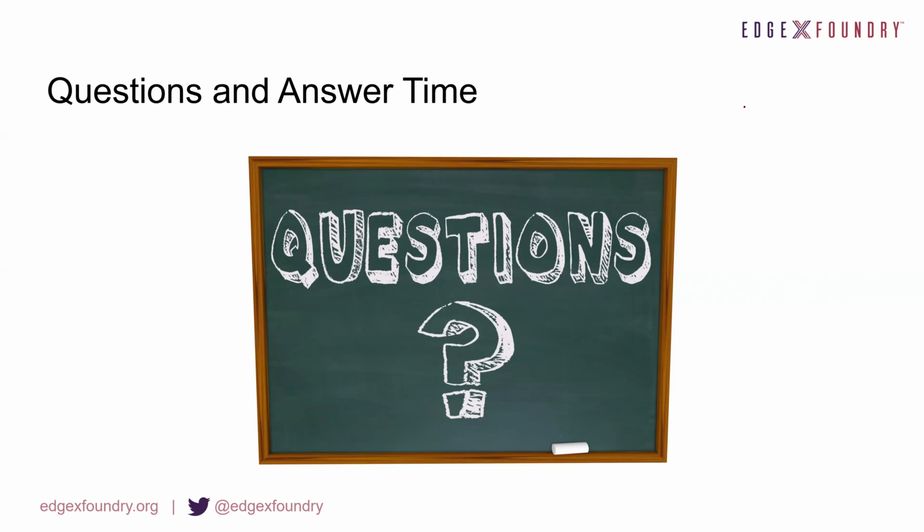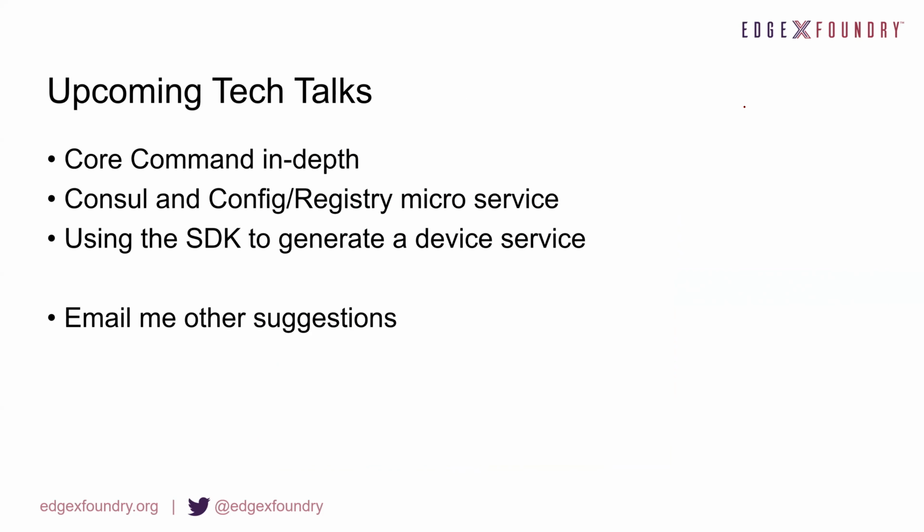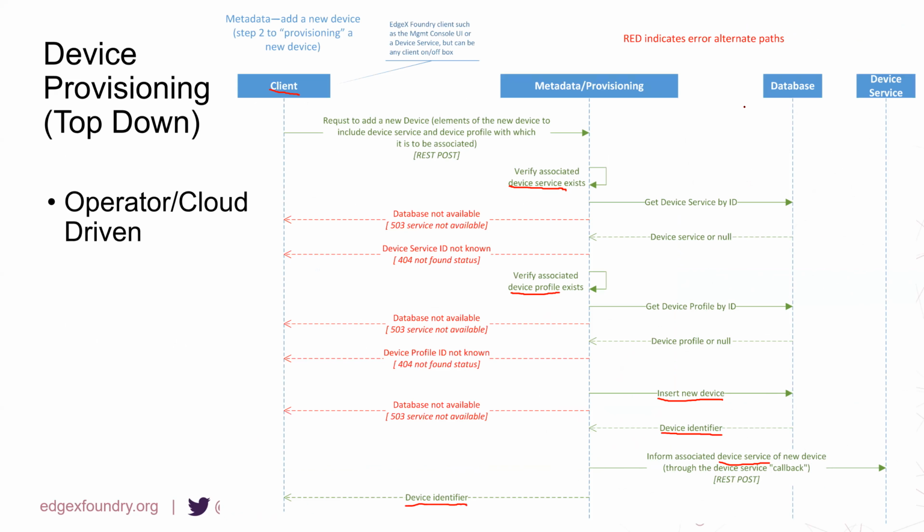Absolutely, I'd be remiss otherwise. So we have a notification service, which metadata uses when it's issuing the callback I mentioned earlier to the devices. It's a device service when it gets added.